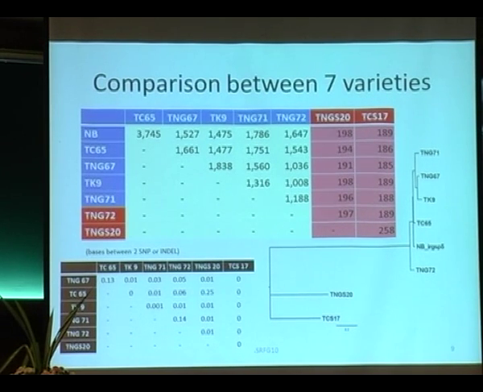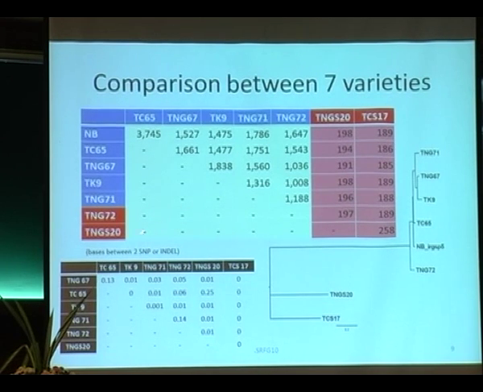And before that, we used all the sequence compared to the Nipponbare. Here I show you that we compare 1-to-1 for 7 varieties, of course including the Nipponbare, so 8 varieties.